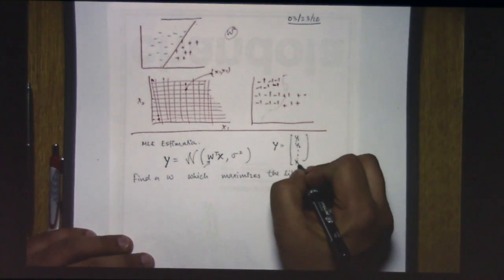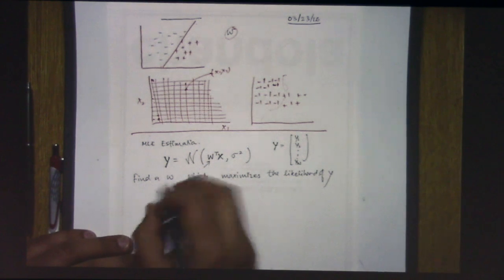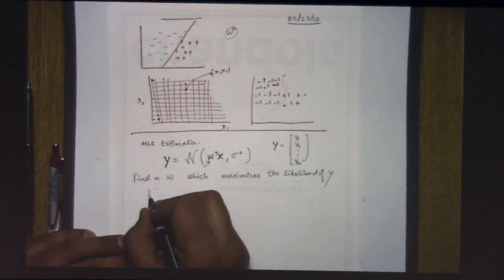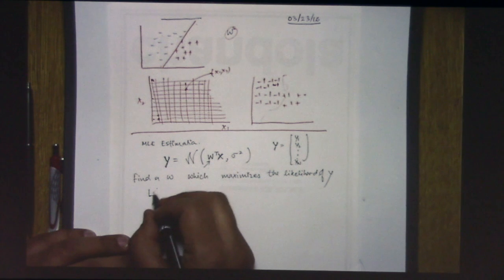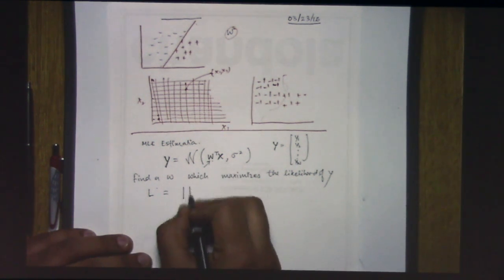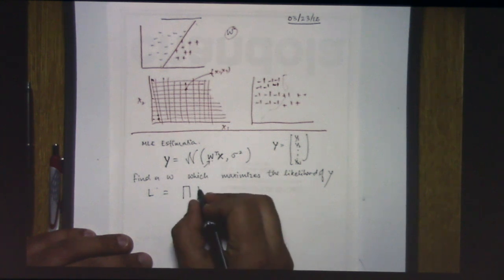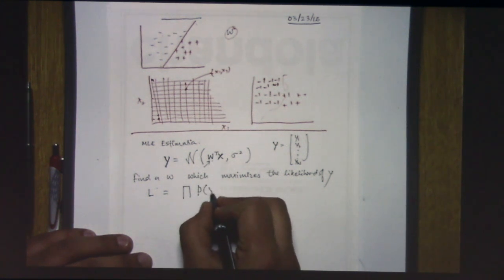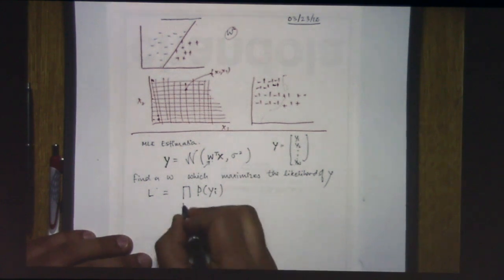Let's say there are a total of n target values. Then the likelihood of this data set, which is a function of w, will be equal to the product of the probability of each y, i equal to 1 through n, right?